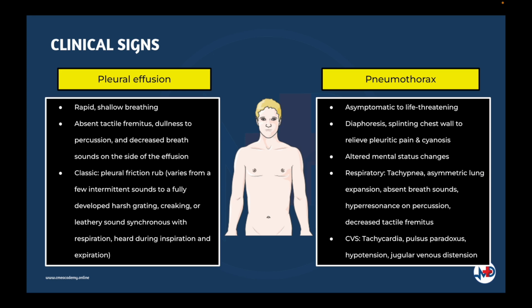And as pneumothorax is a respiratory condition, tachypnea, asymmetric lung expansion, absent breath sounds, hyperresonance on percussion, and decreased tactile fremitus are among the signs you want to look for in physical exam. Lastly, patients can also come in with cardiovascular signs such as tachycardia, pulsus paradoxus, hypotension, and jugular venous distension due to the rapid increase in intrathoracic pressure.